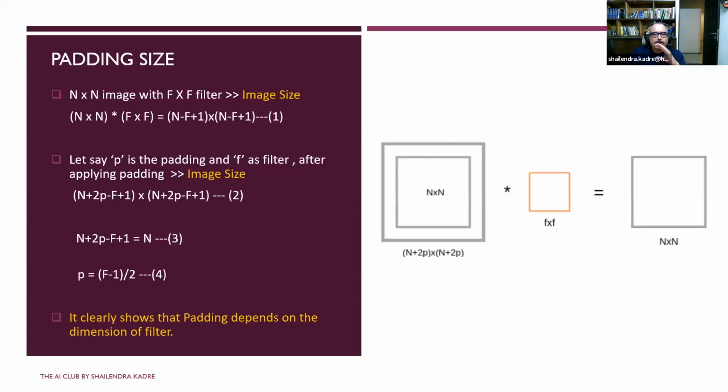Now I want to take you to some very simple maths here. Be careful here. What I have done is, here I have an n by n pixel image, and I have covered it all around with a padding of P. This P can be either 1 or 2.